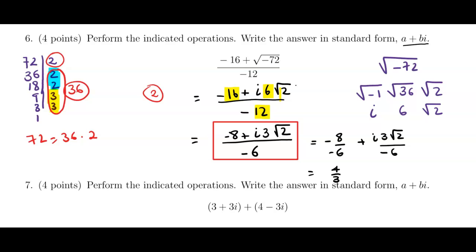Here, positive and negative is a negative. 3 and 6 you can simplify, so you get i radical 2 divided by 2. This is the other way to put it into a plus bi. I think that's basically it. You're done.